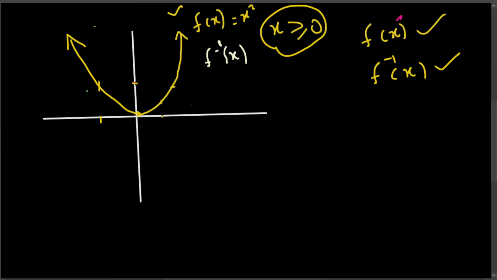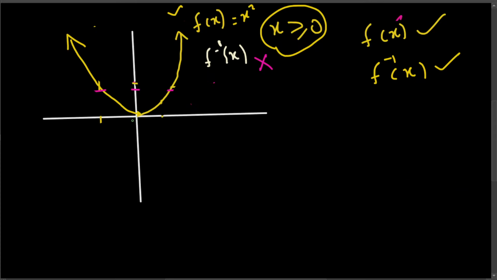If we draw a horizontal line, it passes through more than one point. So the inverse doesn't exist as a function here. And how does it look? We already know that the inverse of x squared is plus or minus square root of x.